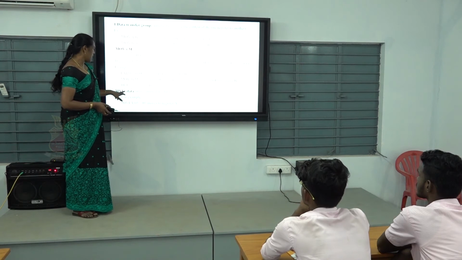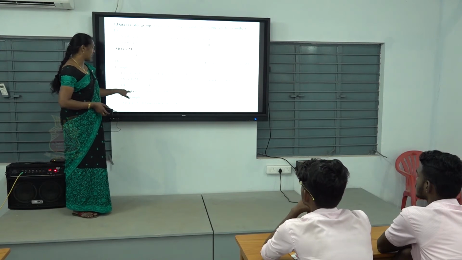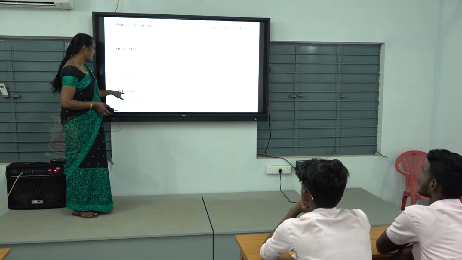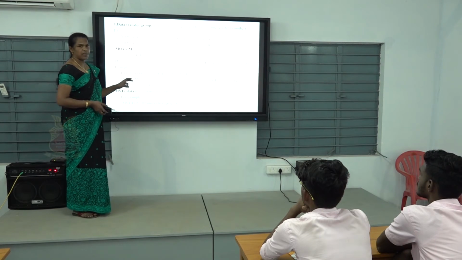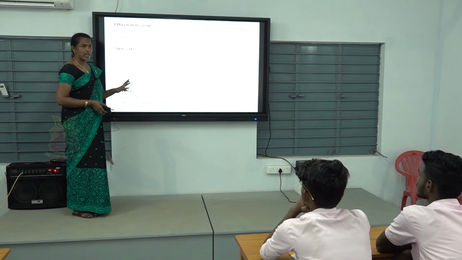Then MVI R, data. This is the immediate addressing mode. So 8-bit data is transferred to this register. Here R denotes a general purpose register. It may be A, B, C, D, E, H, L, or M, but it should be an 8-bit register.